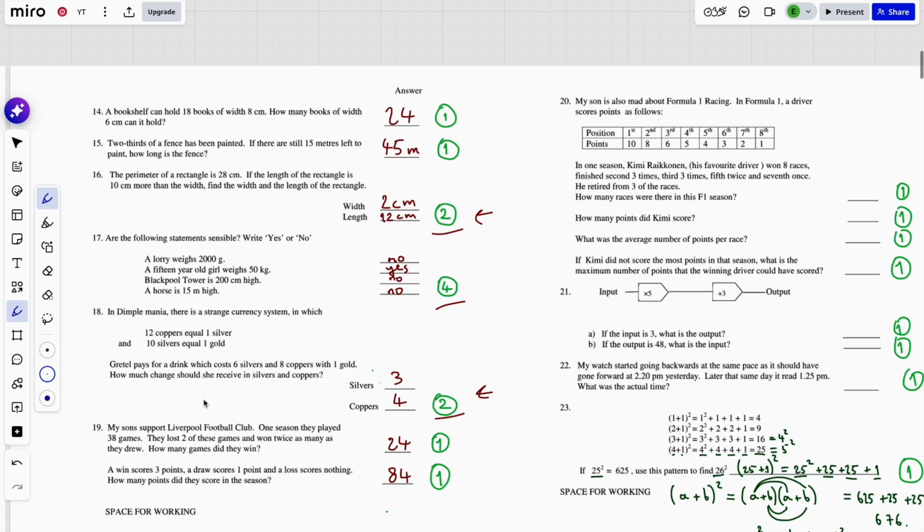Of course I don't know what working you have, but if your working indicates that you had exactly the right idea of how to calculate the silvers and coppers, you had the right method, but you just slipped up and got the wrong number of coppers, then you would get 1 mark.